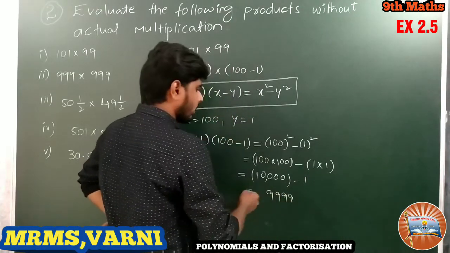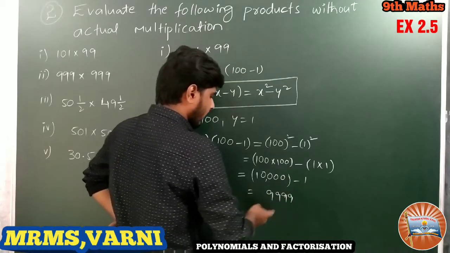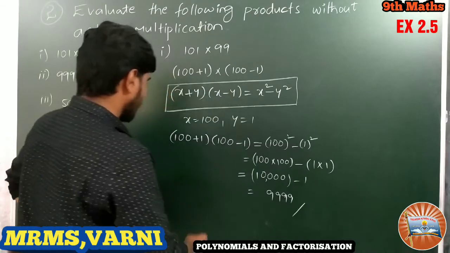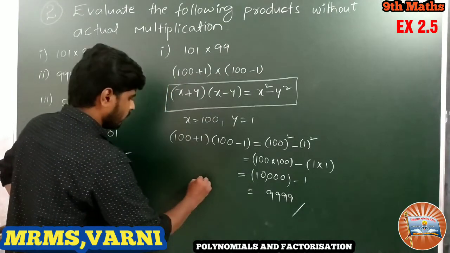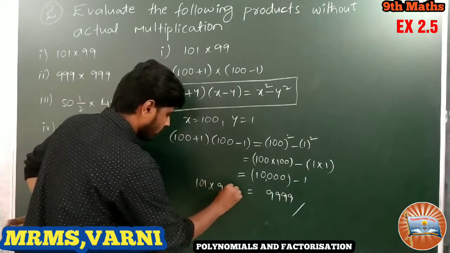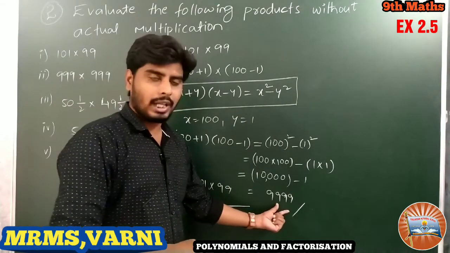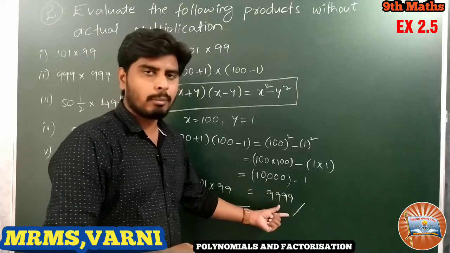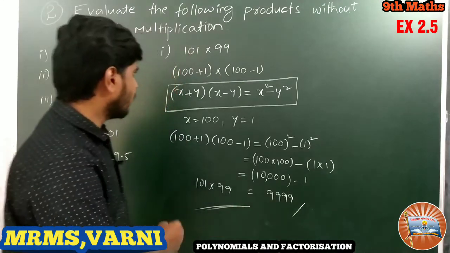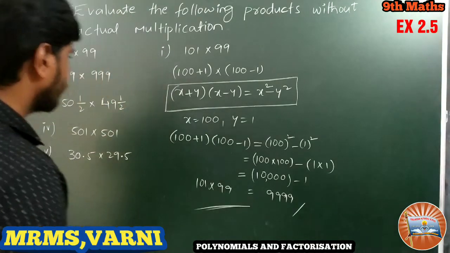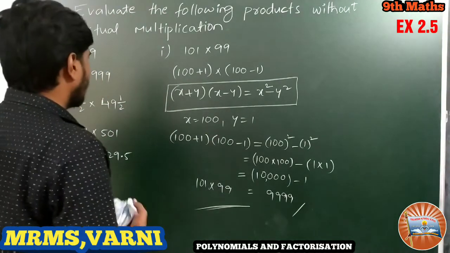If you subtract 1 from 10,000, you will get 9,999. This is the product of 101 into 99. Here I have found this value without actual multiplication. With the use of identities, I got the answer. Right, next go for number 2.